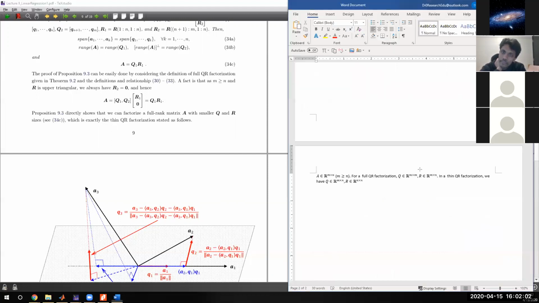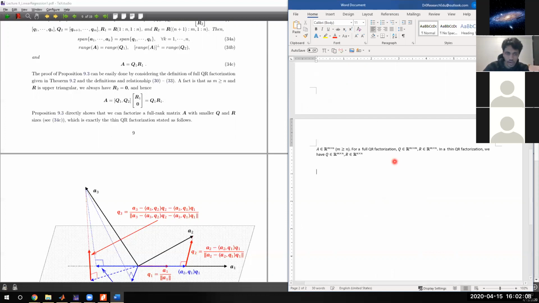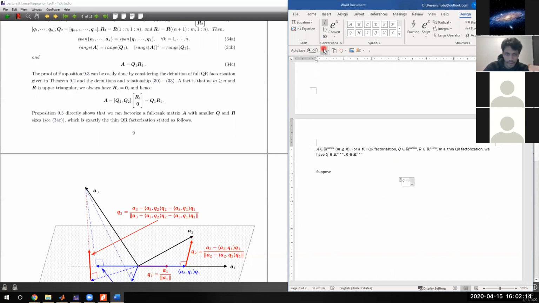What I mean is this. Suppose I have Q equal to A over the norm of A. The question is, what is the norm of Q?